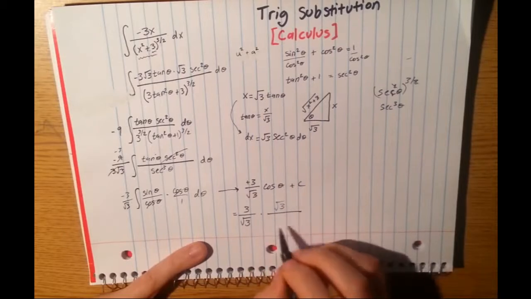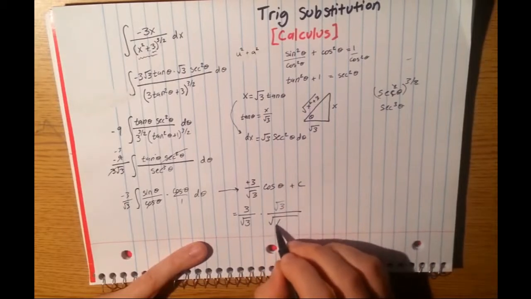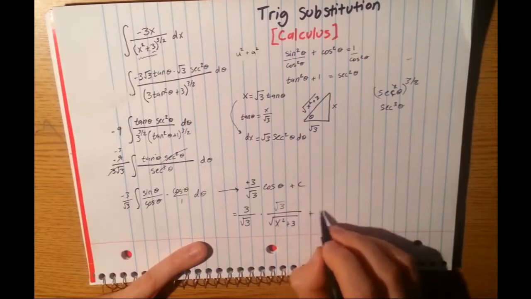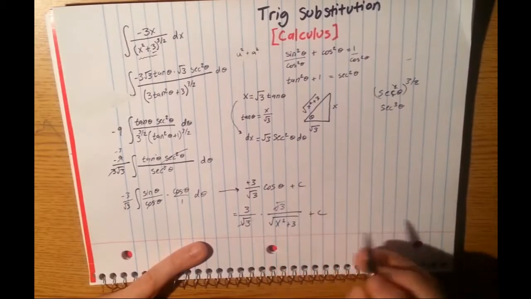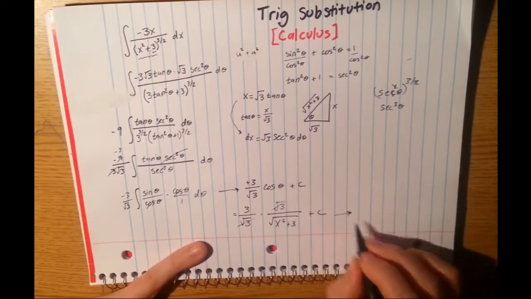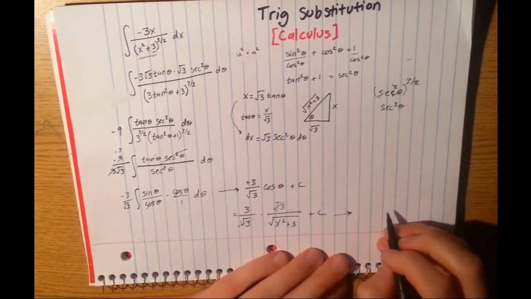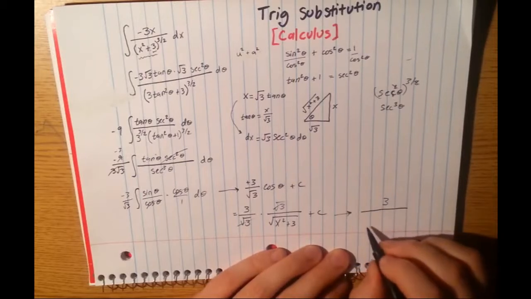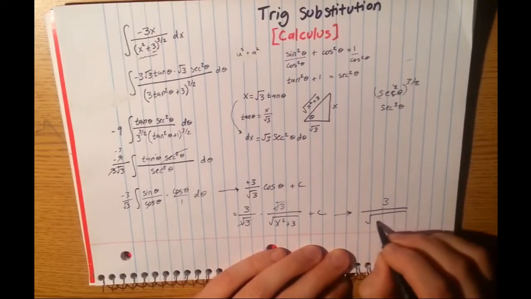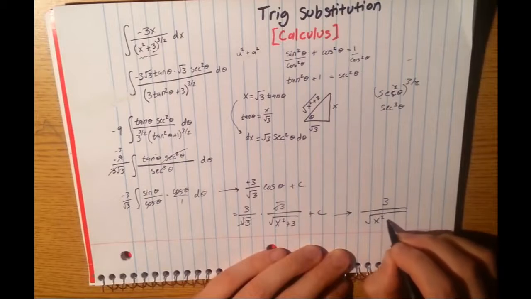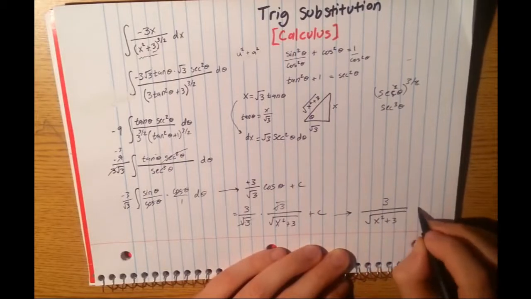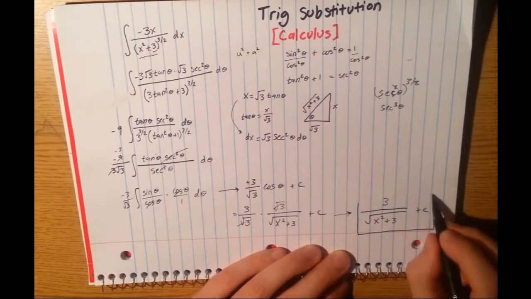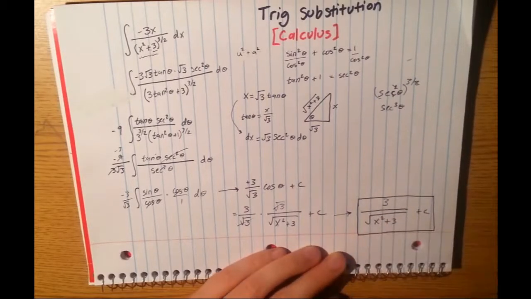What do you know? These cancel. Over the square root of x squared plus 3 plus c. Cancel, cancel. Our final answer then is going to be 3 over the square root of x squared plus 3 plus c. Boom. We just finished our trig sub.